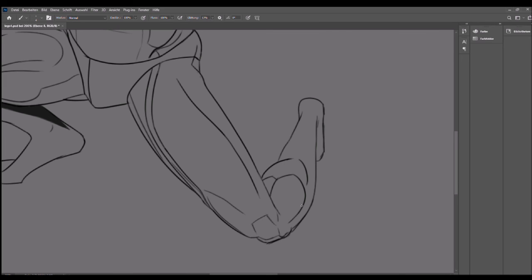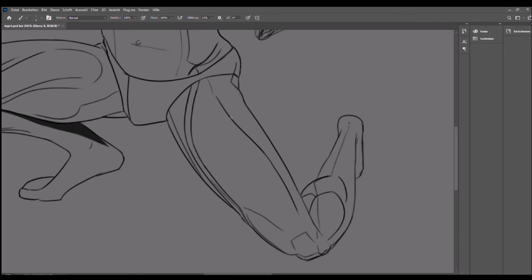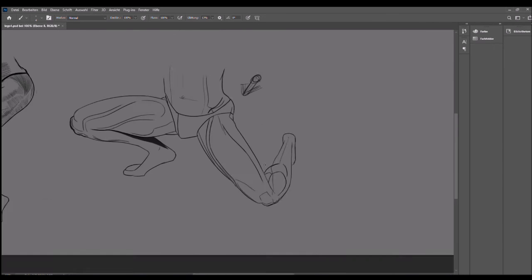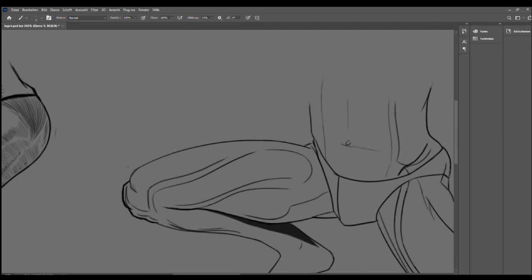And now I'm applying coarse shadows. It always helps to first know where the light is coming from, and then you find out where the shadow is. And yeah, I was practicing my cross hatching here.